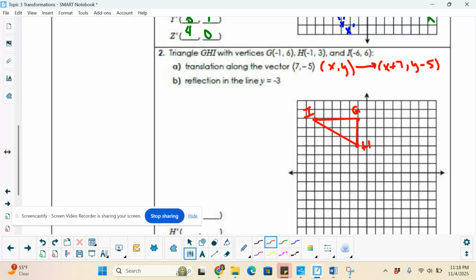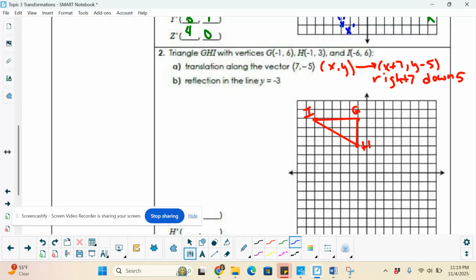All right. So if we look at our translation, it says x plus 7. That tells me that I'm going to go to the right 7. y minus 5 means that I'm going to go down 5.